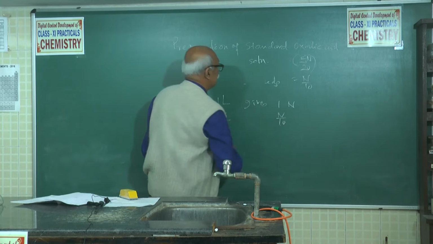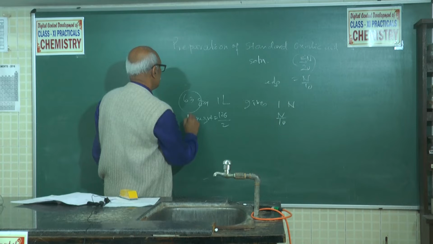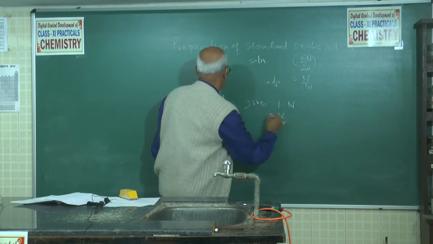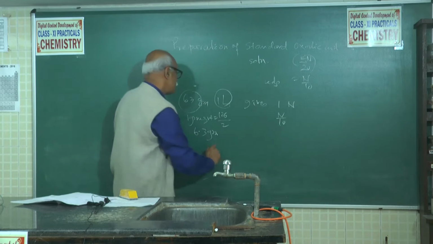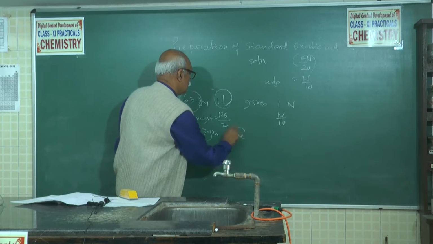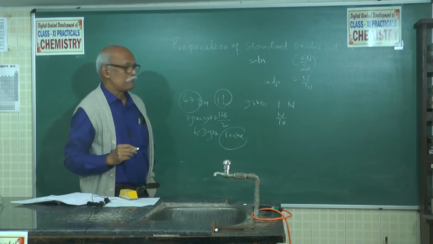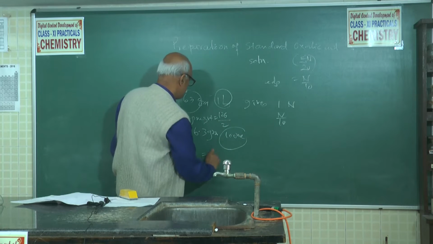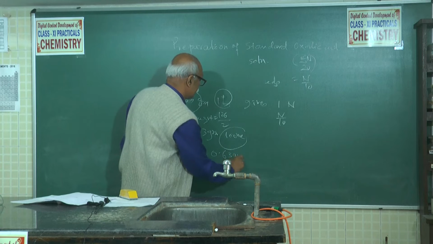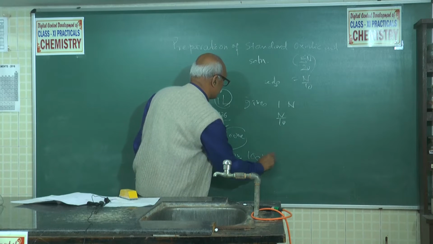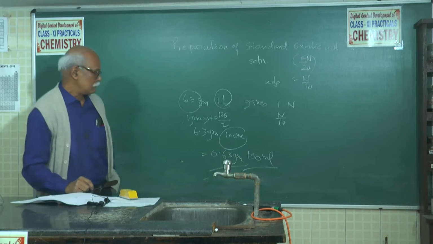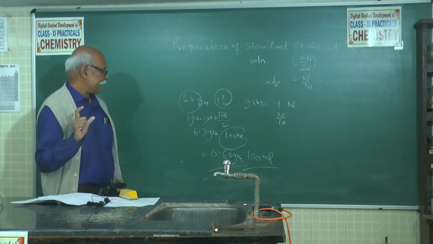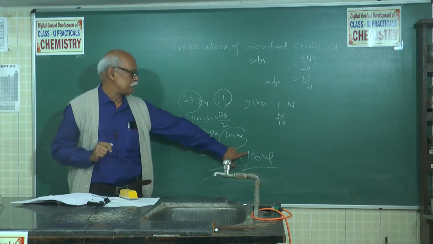So N by 10 per liter will need 6.3 gram. If you prepare 100 milliliter, 1 liter needs 6.3 gram, so 100 milliliter will be 1/10 of that, which is 0.63. That means in 100 milliliter solution, we have to take 0.63 gram so that we have a decinormal solution of 100 milliliter.